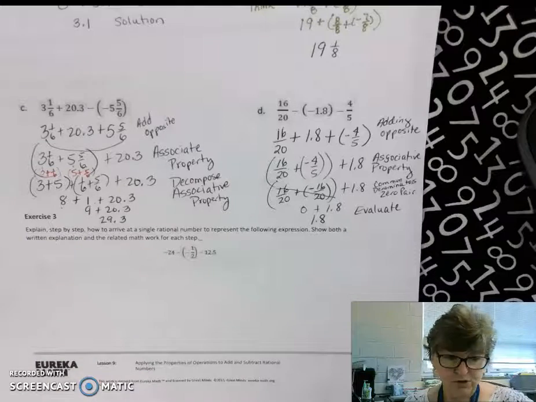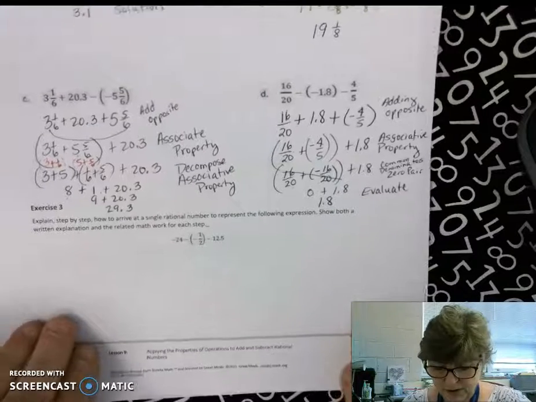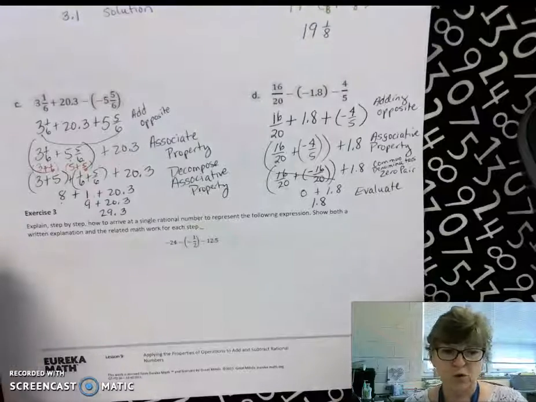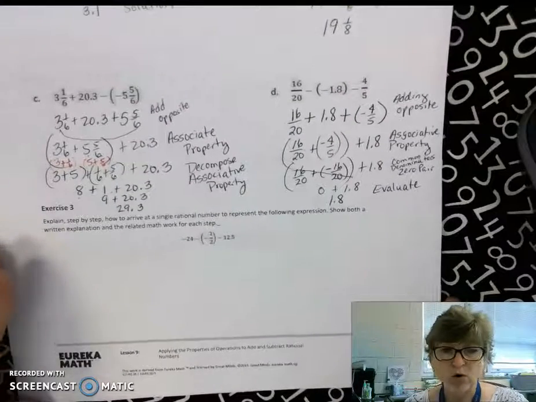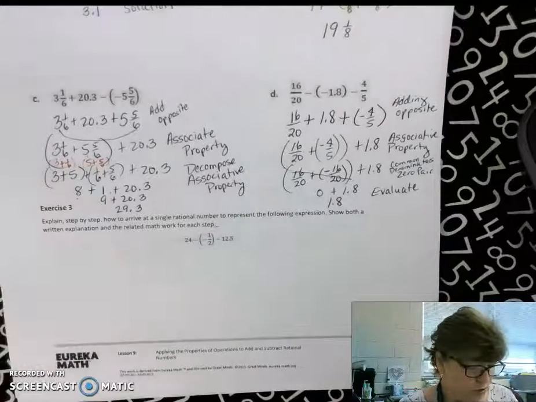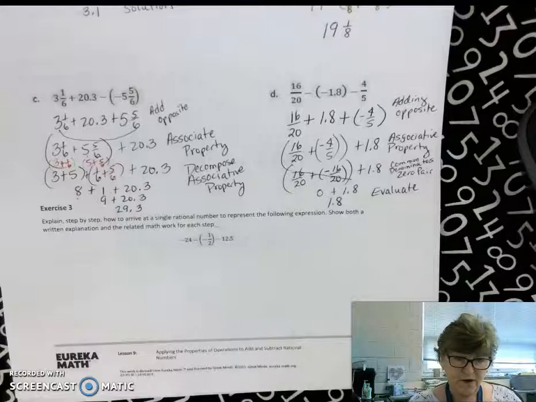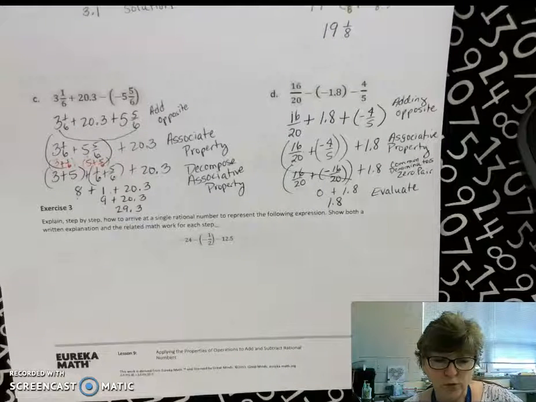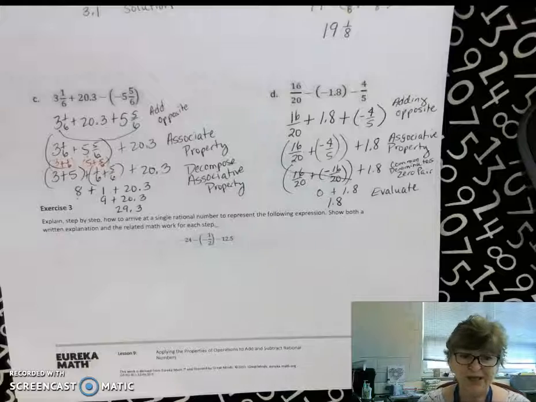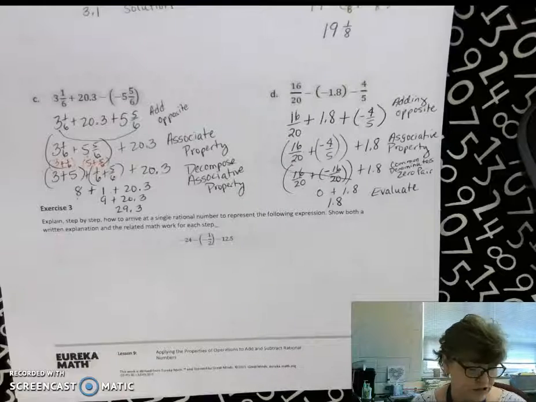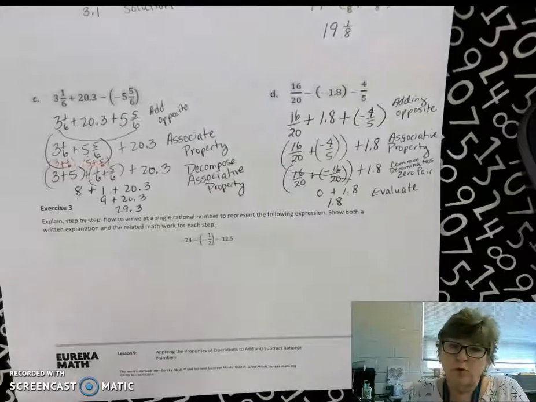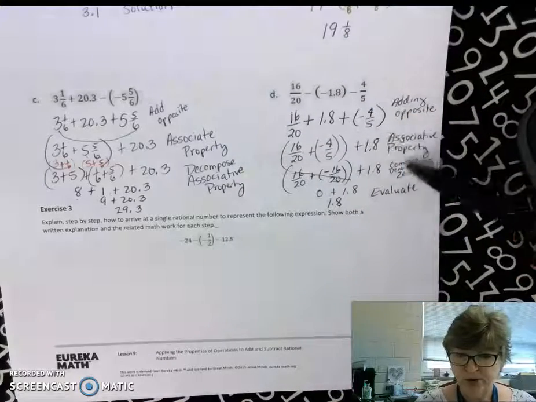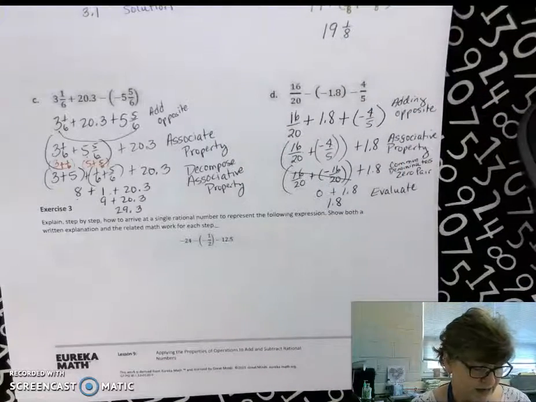Now let's go to exercise 3. On exercise 3, explain step by step how to arrive at a single rational number to represent the following expression. Show both a written explanation and the related math work for each step. So kind of what we've been doing, we've been providing a written explanation, or at least categorizing each step.